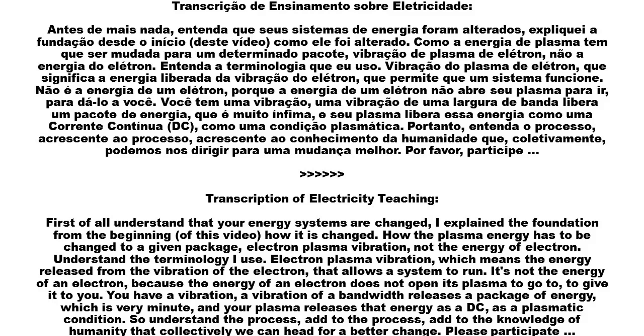It is not the energy of an electron, because the electron does not open its plasma totally and give it to you. You have a vibration. That vibration of the bandwidth releases a package of energy, which is very minute, and your plasma releases that energy as a DC, as a plasmatic condition. So understand the process, add to the knowledge of humanity, so that collectively we can head for a better change. Please participate, as many as you can.